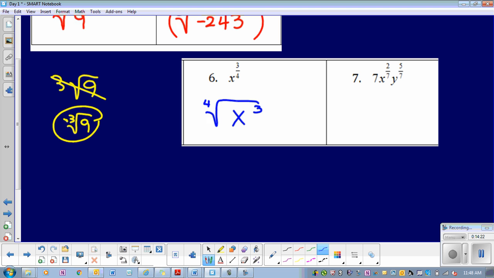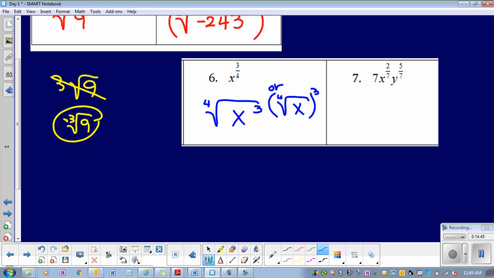You could do this, or you could write it with the parentheses, right? It doesn't matter with this one. Here, do X. Okay, but that one's fine. All right?